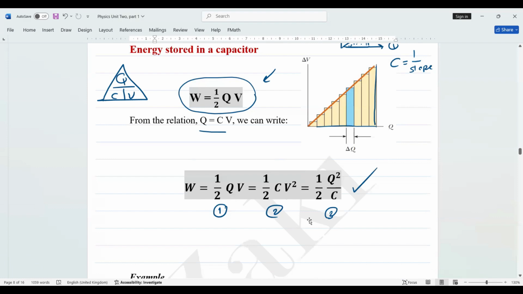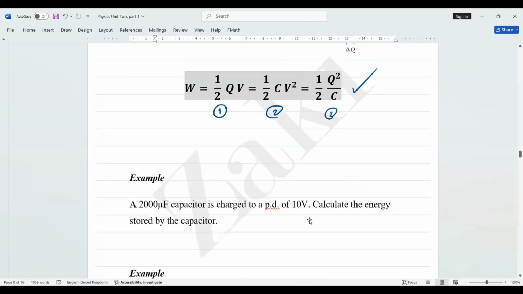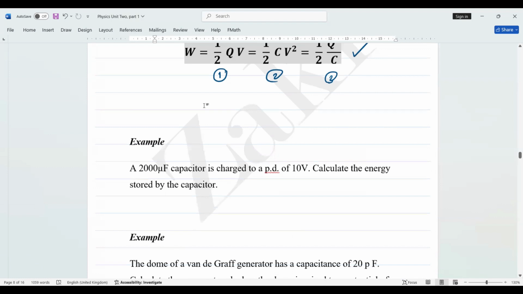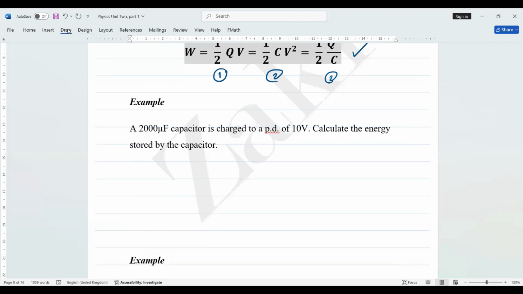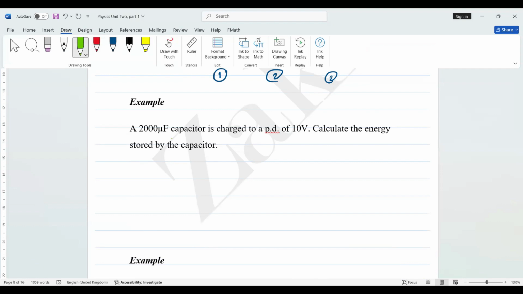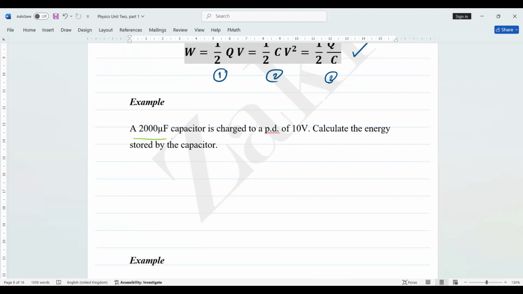Now, let us solve this question. Look, my friend, here we write the given. 2000 microfarad. The given is the capacitance in microfarad. So C is given 2000 microfarad. I advise you to convert to farad.